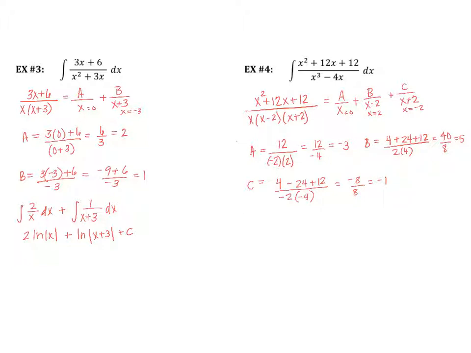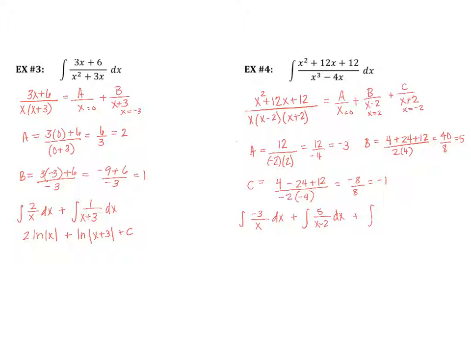And so again, we are going to integrate. A was negative 3, so we're going to have the integral of negative 3 over x dx plus the integral of 5 over x minus 2 dx, and then plus the integral of, what was B?